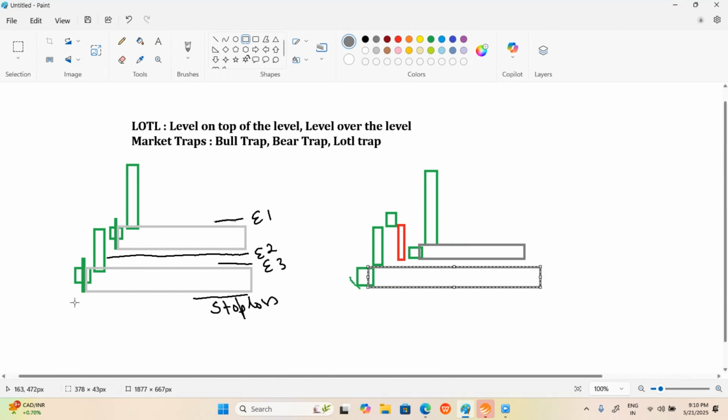So in the first picture both are rally based rally demand zones. In the second picture it is drop base rally. It means prior to this base candle it can be rally also, it can be drop also, doesn't matter.